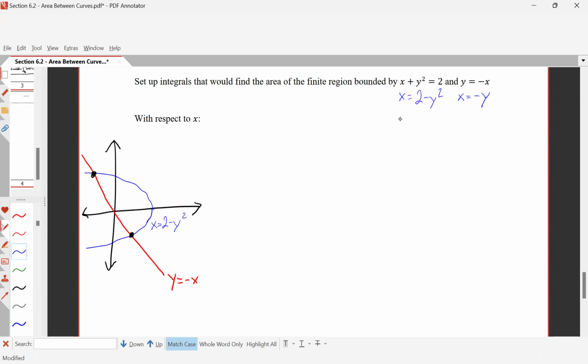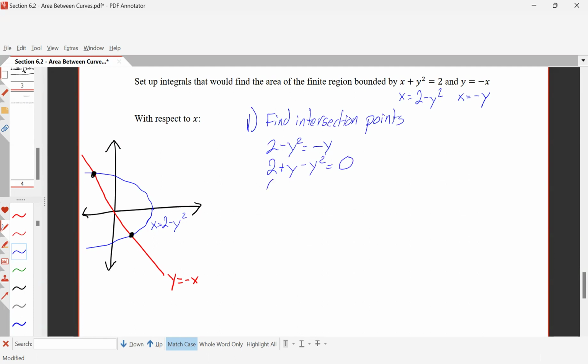So finding our intersection points means we want to set those two equal to each other. So 2 minus y squared is equal to negative y, or 2 plus y minus y squared equals 0.